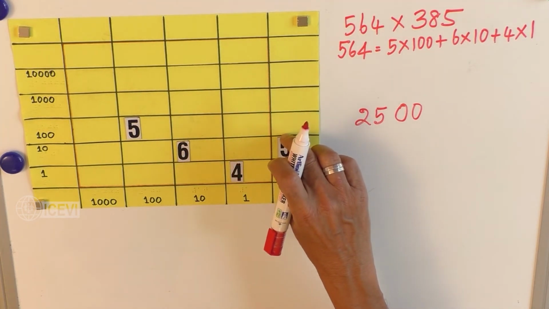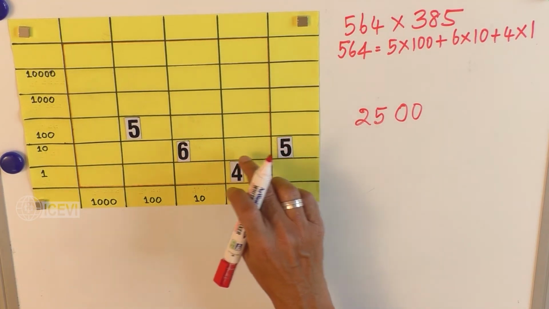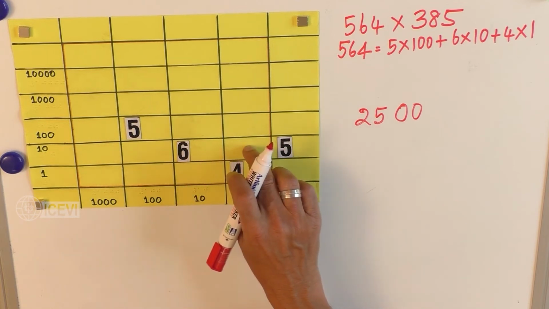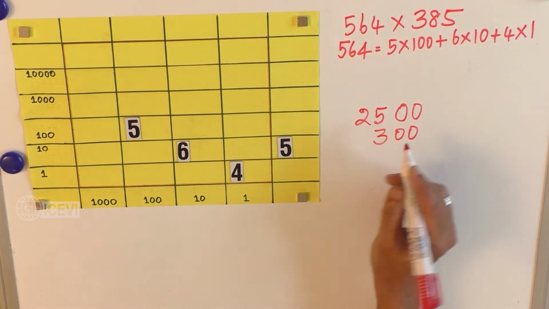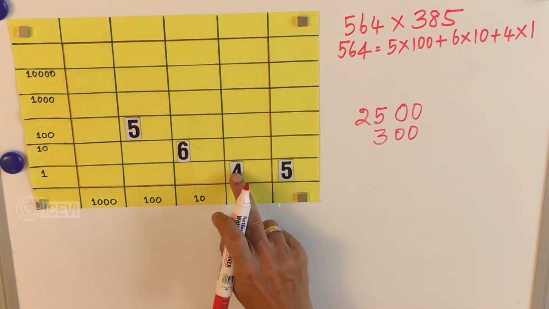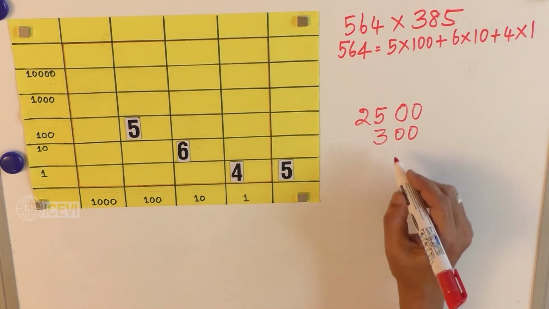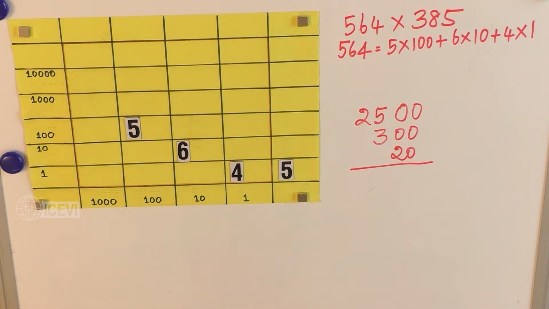Then we are through with that and bring the 5 to the tens column. That means 5 should be multiplied by 60, so that is 300. Then you bring to the next unit column, that is 4. 4 and 5 should be multiplied, so that is 20. So what is the value of it?